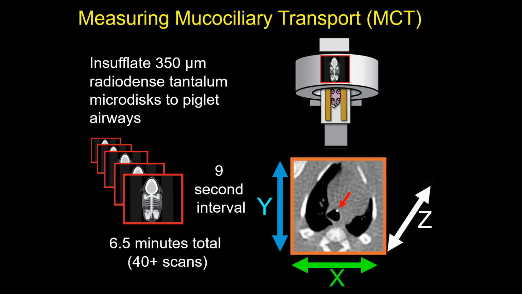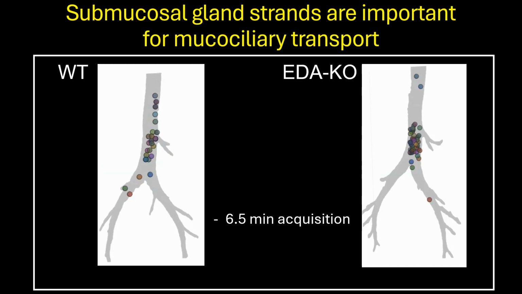Clearance is assessed when the disc exits the airway tree. What they found is in the wild-type pig, you can see in this reconstruction efficient particle clearance out of the airway tree. But in the EDA knockout pig that lacks mucus strands and submucosal glands, mucociliary transport is impaired.